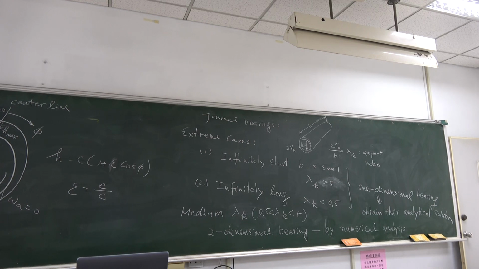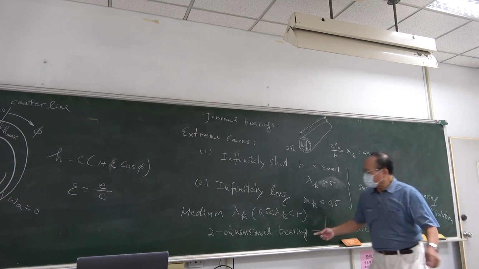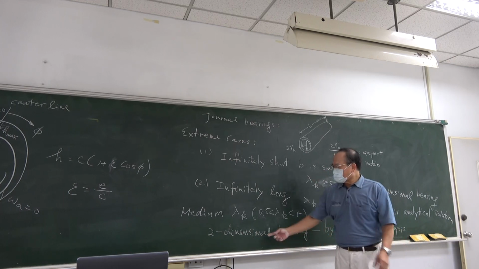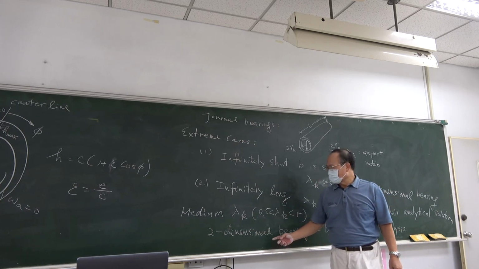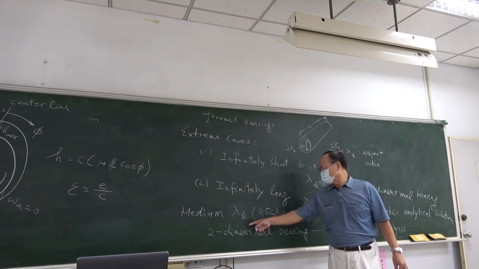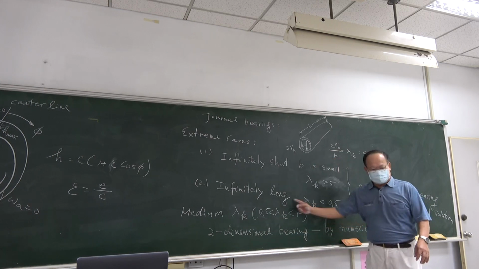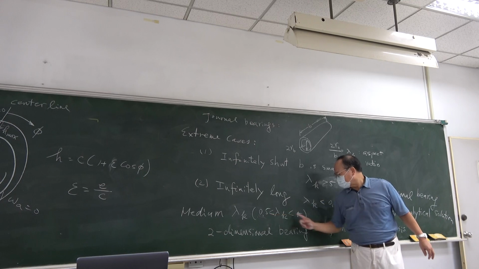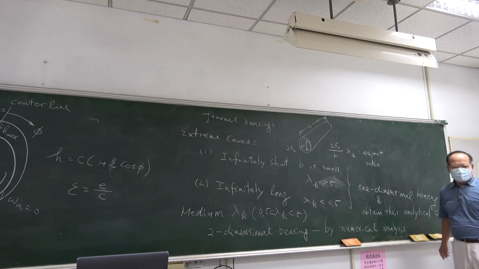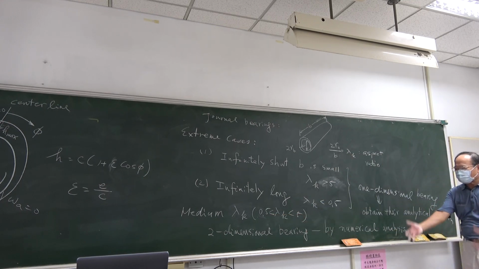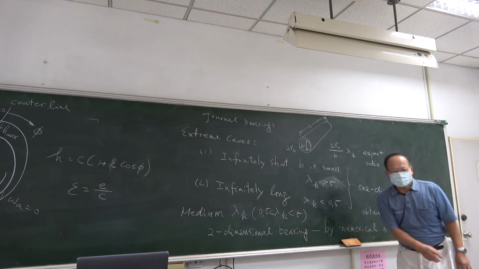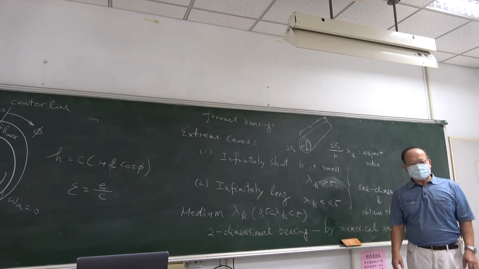Okay, which is available for you to solve it by the numerical method. 用这个数字方法来得到。So it's most popular in your design. For your design, in most cases your lambda K lies between 0.5 and 5. So in this case, you have to solve your problem by numerical method.